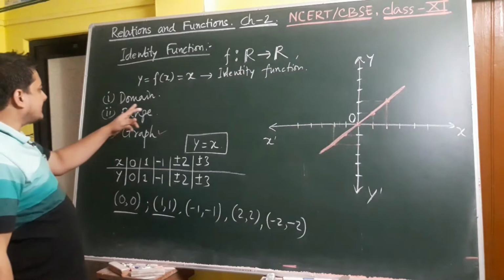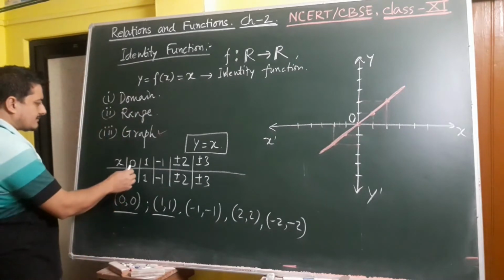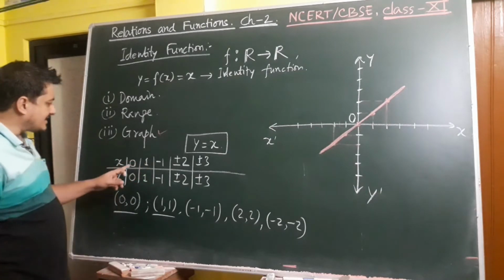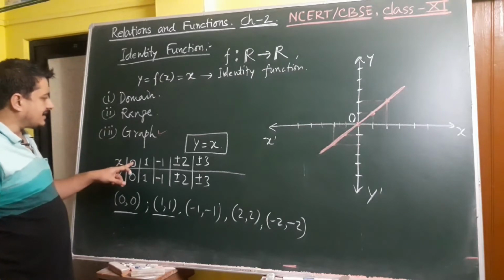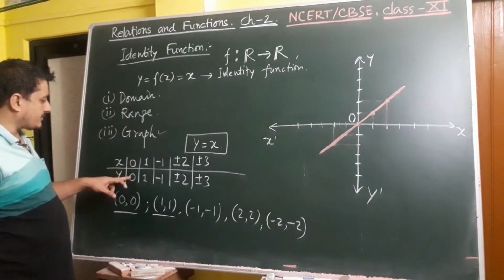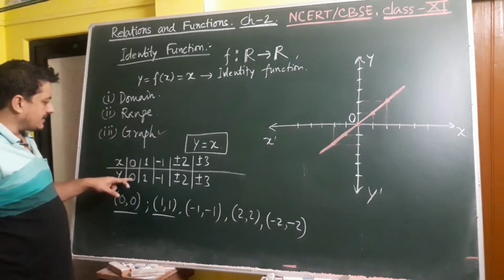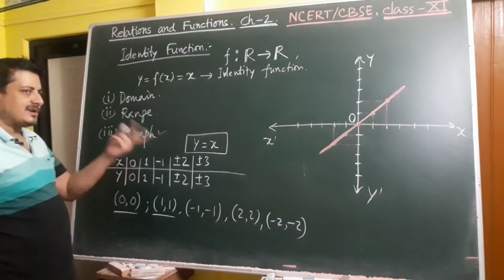Now what is the domain? Now you can see basically I have taken some integer values for my convenience. Actually I can take any real number. For example, I can take here 0.5, so it will provide me 0.5 here, or 0.9, it will give me 0.9, or 0.999999, whatever.